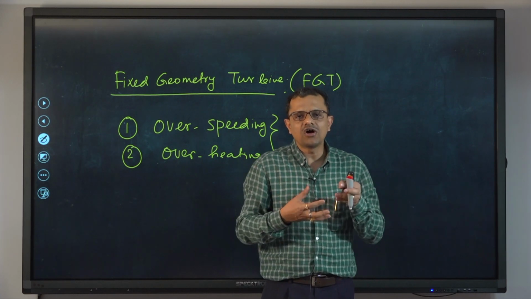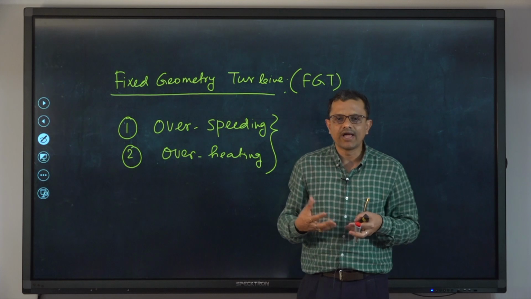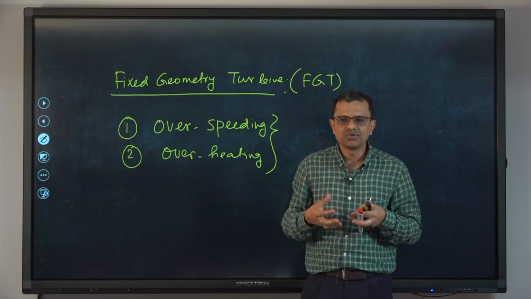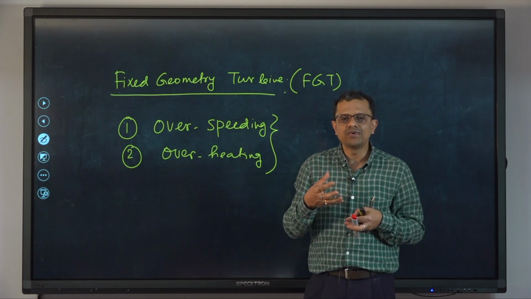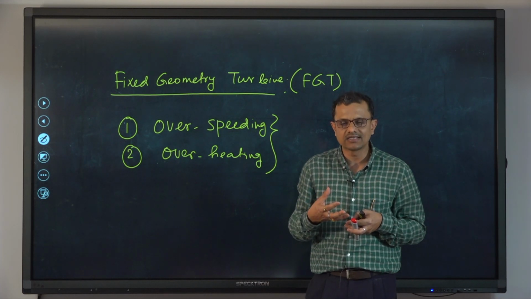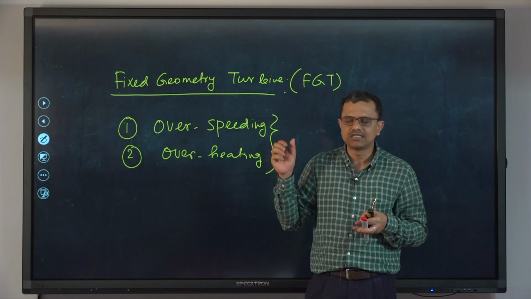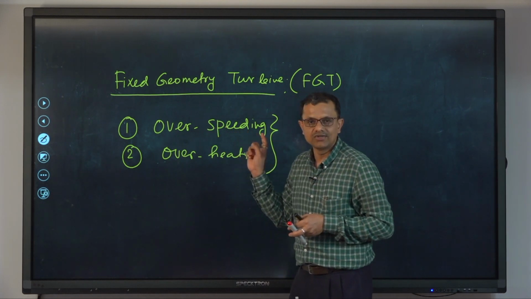Revolving components of both units can be destroyed because of this speed. So, high speed of both compressor and turbine when subjected to high temperature exhaust gases can destroy revolving components of the turbocharger. This is known as overspeeding.